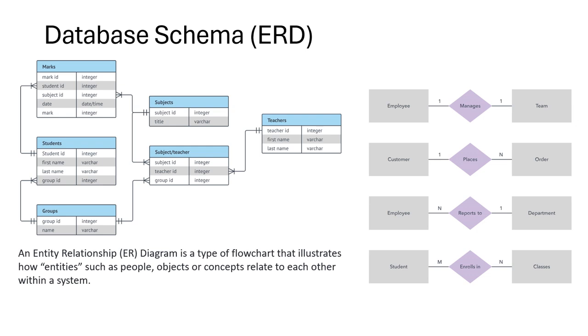An entity relationship diagram is a pictorial or visual representation of how the tables in our database are related. For example, here I've simplified it in an education institution context, be it a primary school, a secondary school, or university, where we have teachers, subject teacher, subjects, students, groups, and marks.